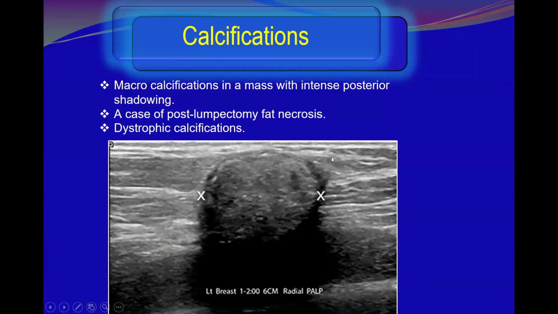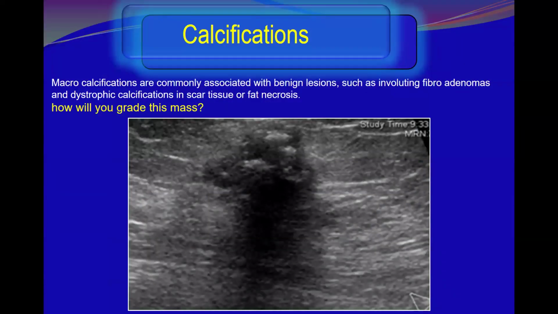Here we can see this mass with large calcifications and extensive posterior shadowing. This is dystrophic calcification in a case of post-lumpectomy fat necrosis. So usually macrocalcification is associated with benign lesions such as involuting fibroadenomas and dystrophic calcification in scar tissue or fat necrosis, as we have mentioned before.